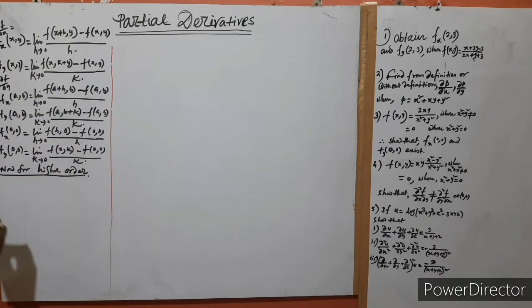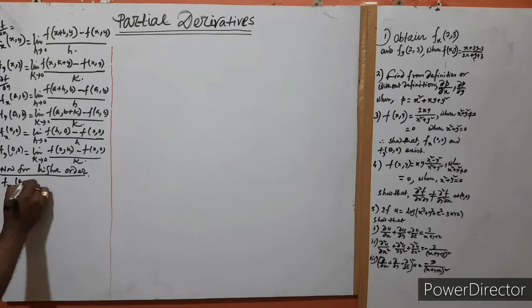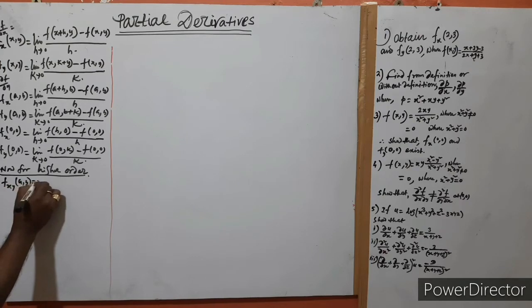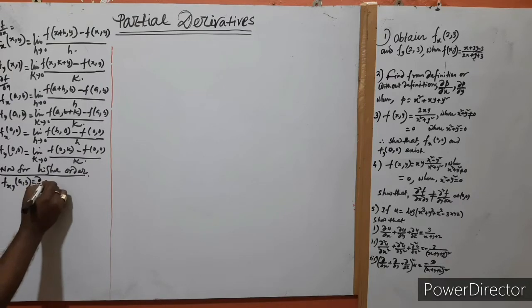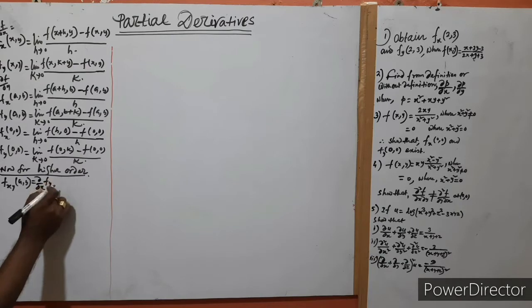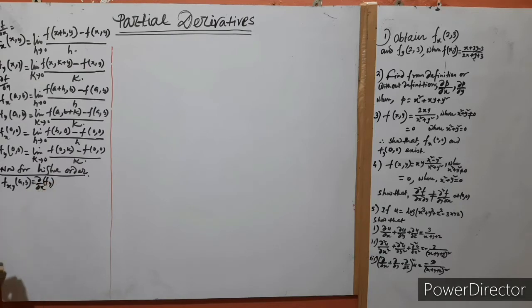So if it is f suffix xy at a comma b, this is denoted as the derivative with respect to x of the first order derivative in y.